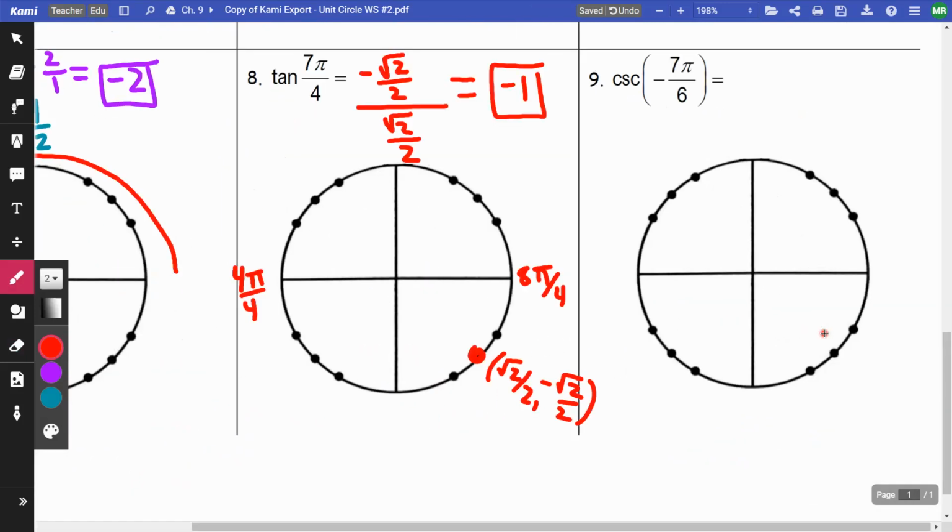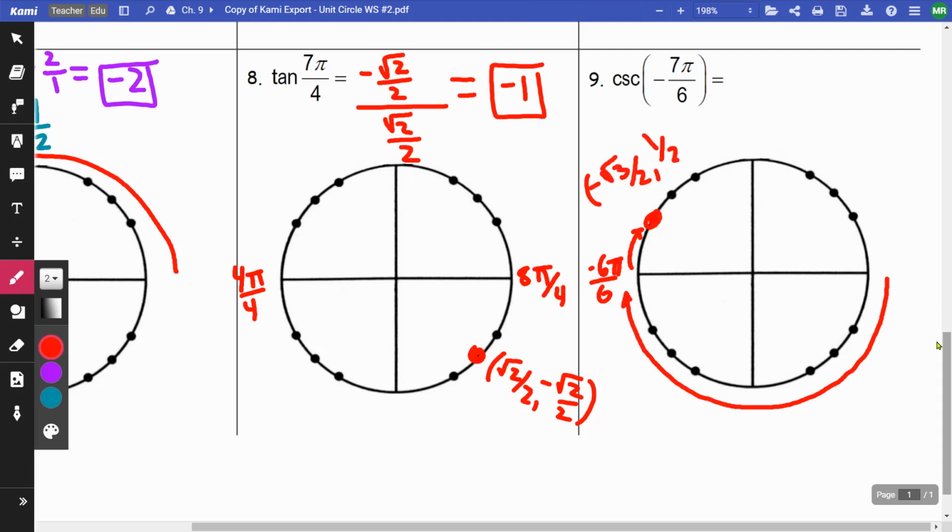On number 9, -7 pi 6. So I'm going to go this way. That's going to be -6 pi 6. And I need to go 1/6 beyond, which is going to put me right here. And so that is going to be long, comma, short. So the coordinates of that are -√3/2, comma, +1/2.